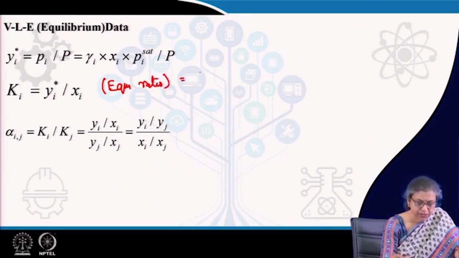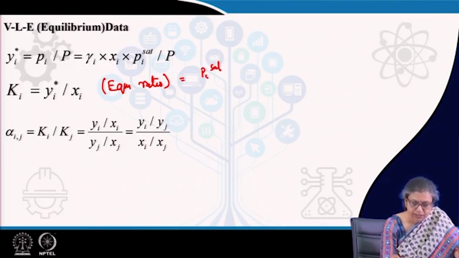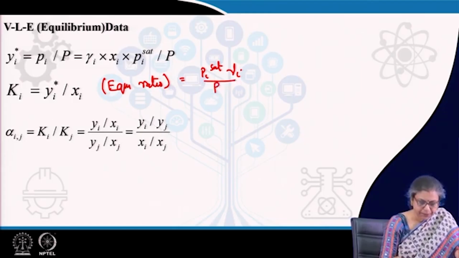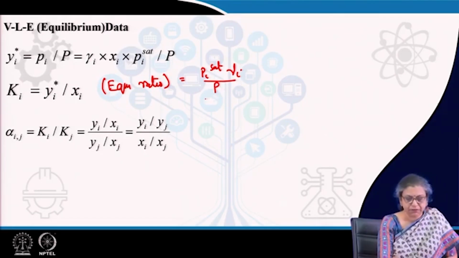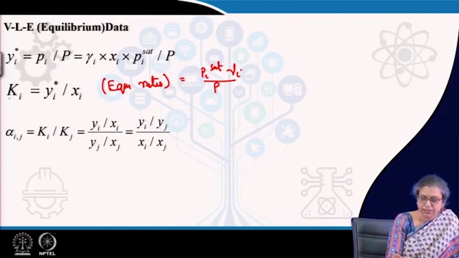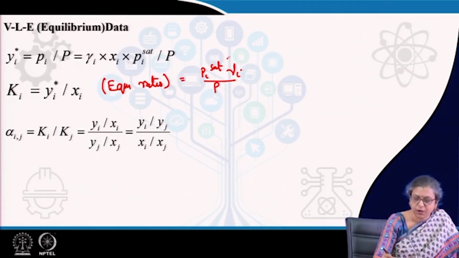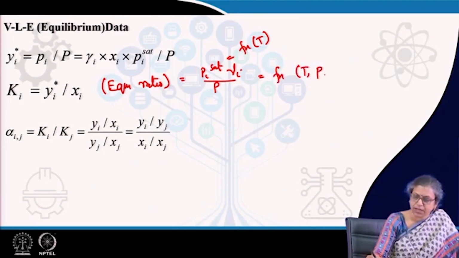For this particular case this corresponds to P_i saturated gamma_i divided by P, right. Naturally, since K_i is a function of P_i saturated, which is a function of temperature, K_i is a function of temperature, a function of pressure, and of course also a function of composition.